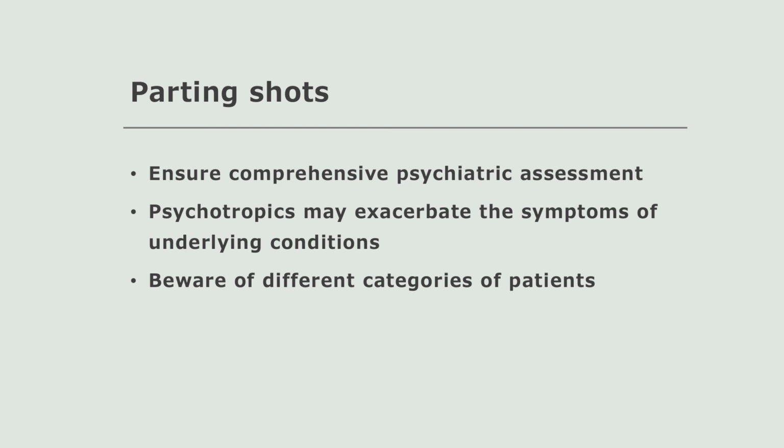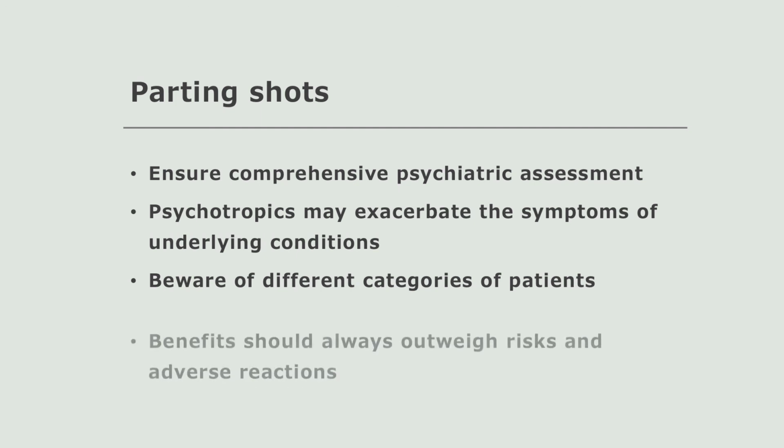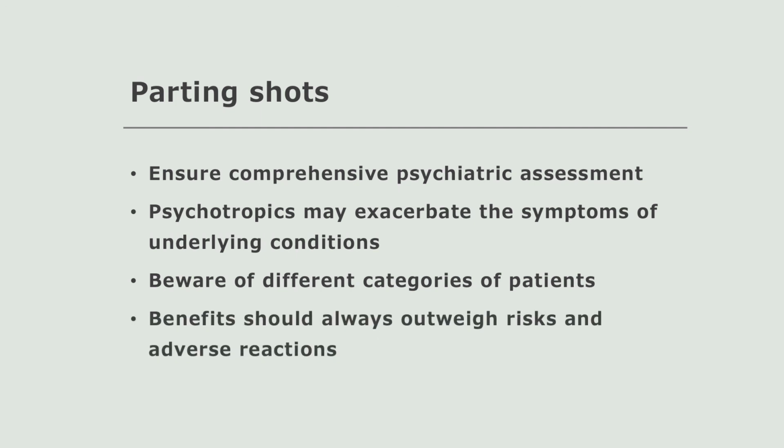For example, pregnant and breastfeeding mothers require special considerations while devising treatment interventions or adjustments of existing ones. Whenever a treatment intervention is being devised or adjusted, its benefits must always outweigh the risks and adverse reactions associated with the treatment in question.